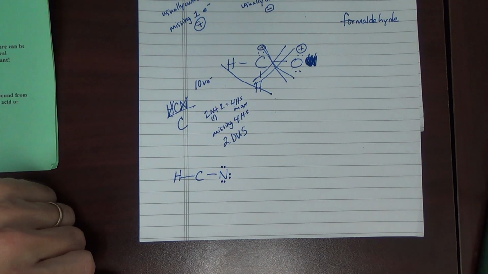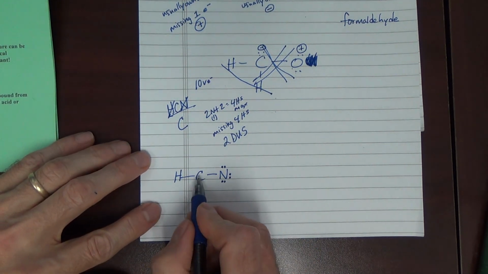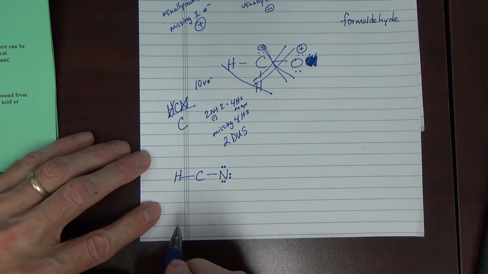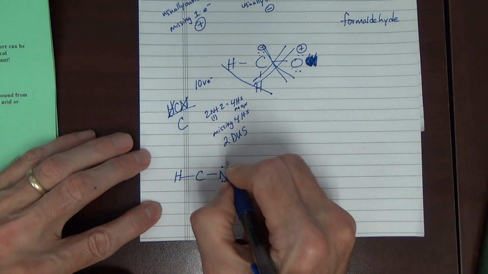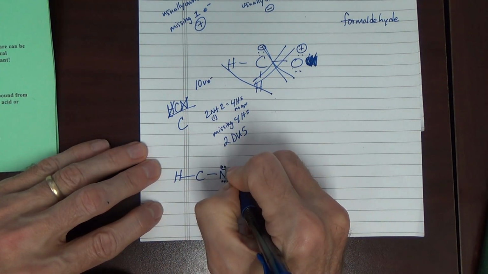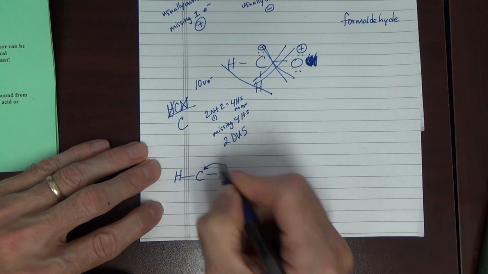And now we can ask, do we have a good structure? And the answer is no, because the carbon does not have an octet. What can we do? We can ask nitrogen to share, and we can take these electrons and, using a mechanism arrow, move them in.